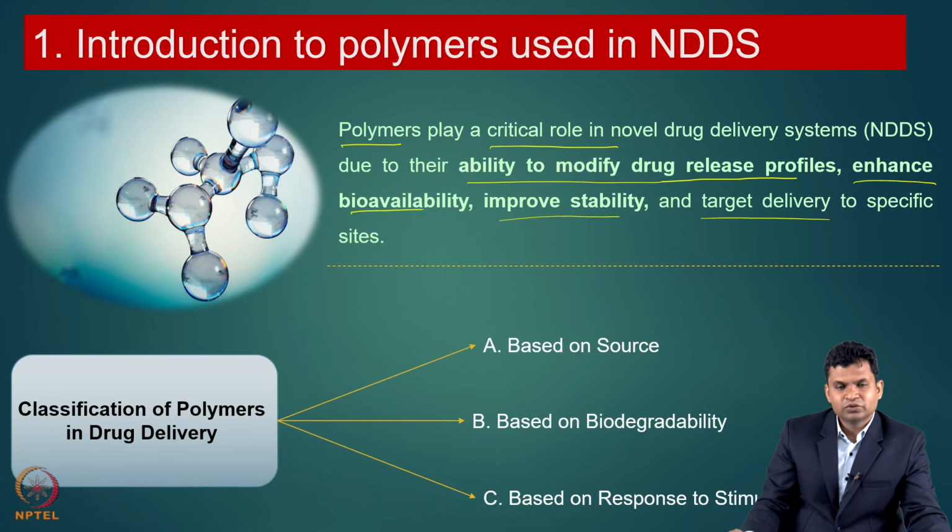As we know, polymers are collections of monomers. For example, PLGA, where the monomers are lactic acid as well as glycolic acid. It is a continuous repetition of these monomers that makes the polymer.